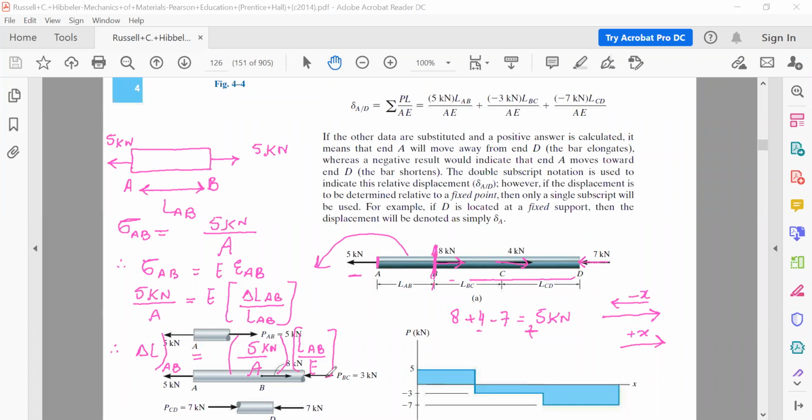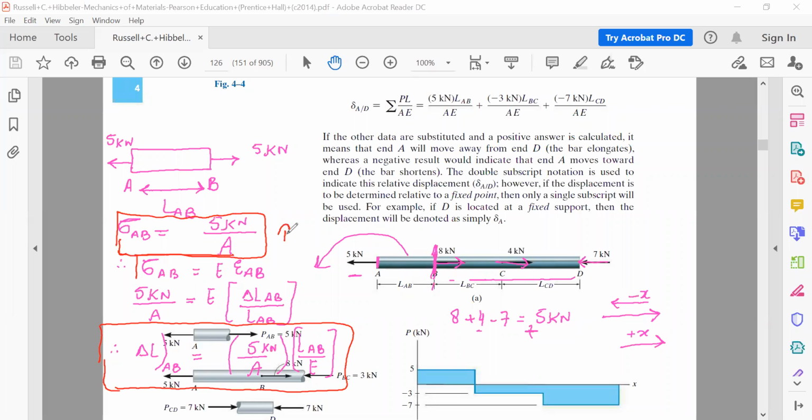Fine. This is how we calculated the change in length of the section AB. So this gives us the stress produced in the section AB. I will call this equation 1. And this gives us the change in length of the section AB. I will call this equation 2.